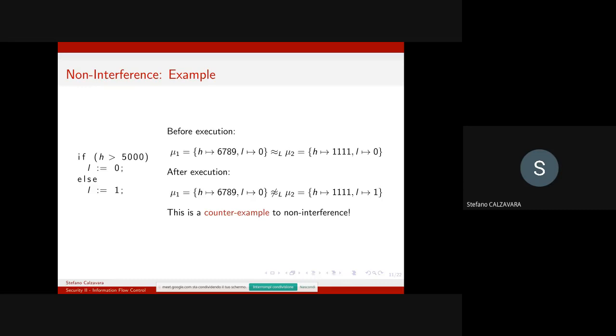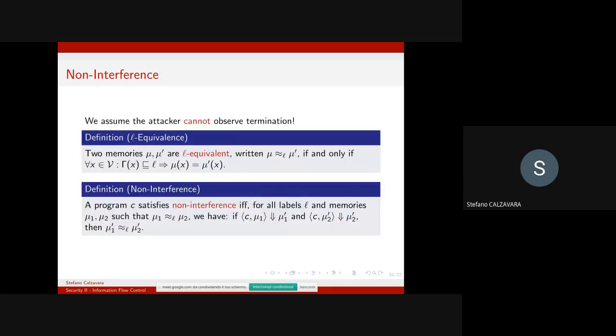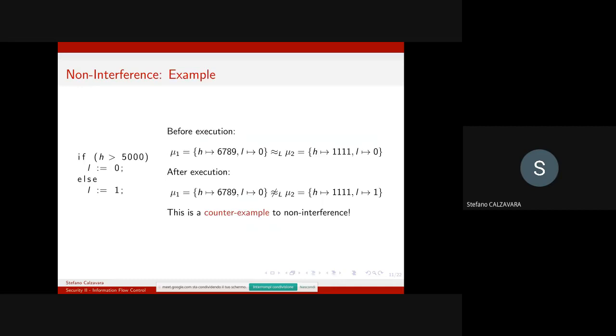So this is a violation of non-interference because non-interference requires this property to hold for all the possible memories. So if we start from two memories which are low equivalent, we must end up in memories which are also low equivalent. And this is not the case for this program.